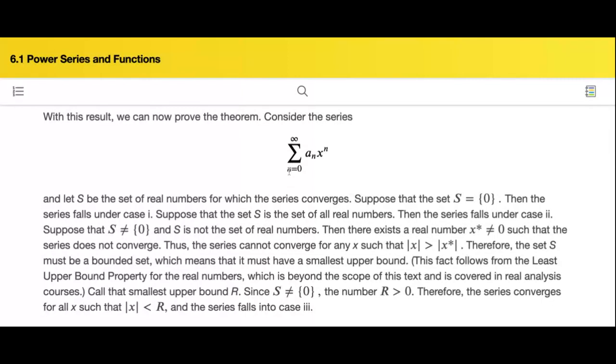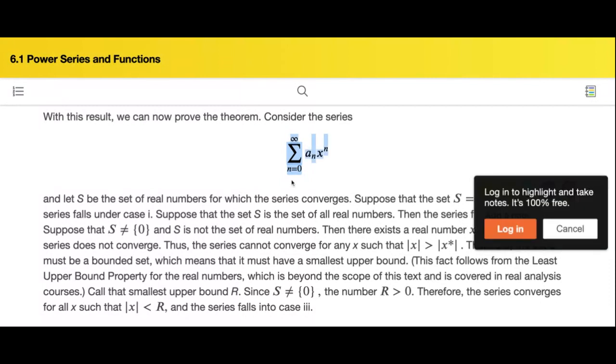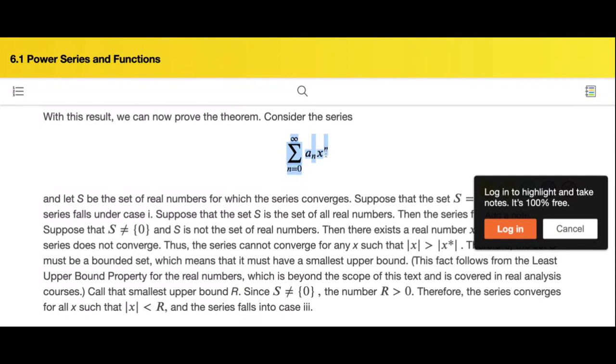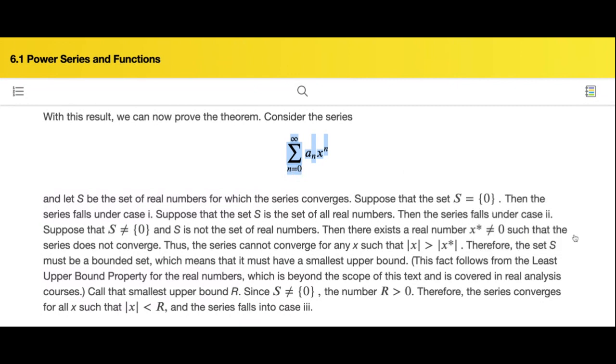But in the homework, n started with 1. So basically, the index is up to us. We can forget about a couple of finite terms, so we can always re-index. We can start from 0, sometimes we start with 1, sometimes we can start even with 2, and so on and so forth. So n is called the index variable.